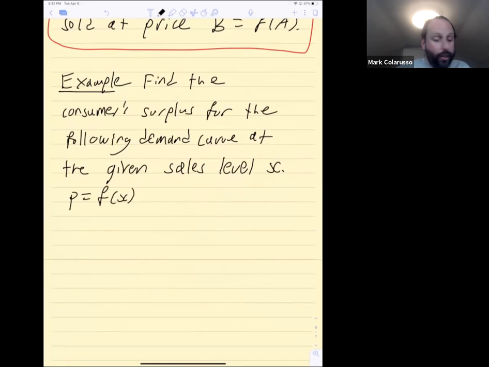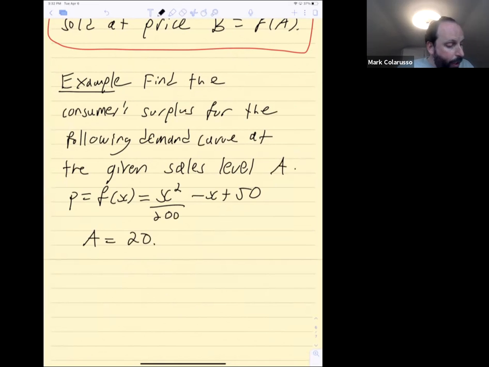The demand curve f of x is x squared over 200 minus x plus 50, and the sales level A is going to be 20.